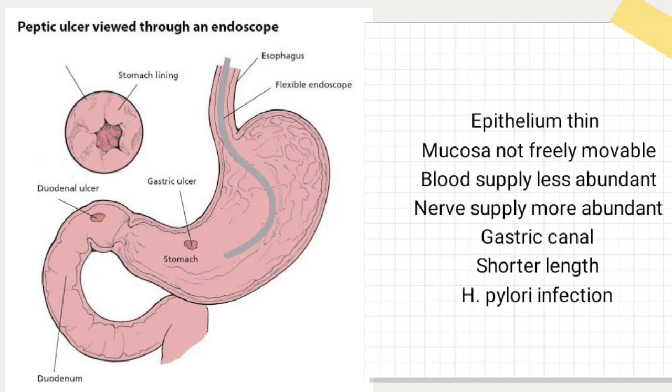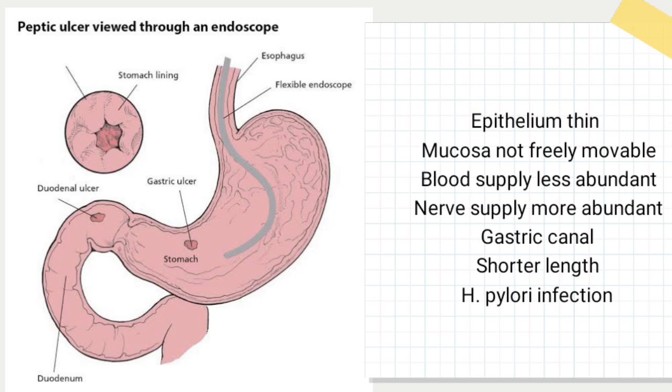The epithelium along the lesser curvature is comparatively thin. Mucosa is not freely movable over here. Blood supply along the lesser curvature is less abundant with fewer anastomoses, while nerve supply is more abundant with large ganglia.